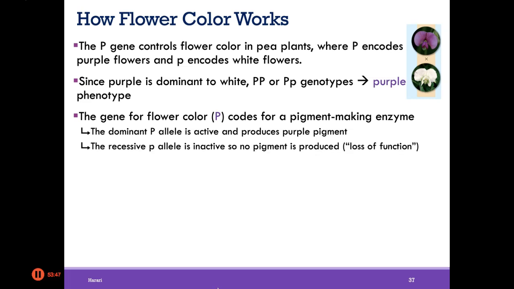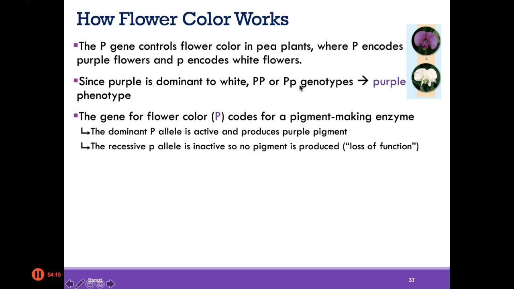The recessive, the little p allele, is inactive. So this means there might be a mutation in that enzyme, so it can't make the purple color anymore. It's inactive. No pigment is produced, and that's why it appears white. Whenever there's a little p, that means it's defective. It's a loss of function of that pigment-making enzyme. This little p cannot make purple color. This big P can make purple color.